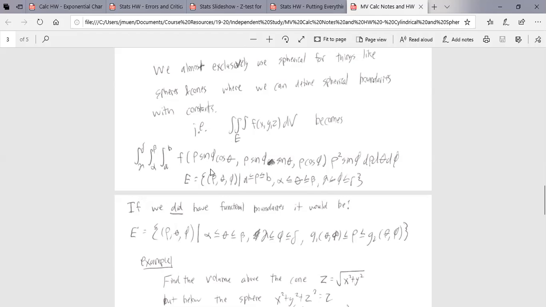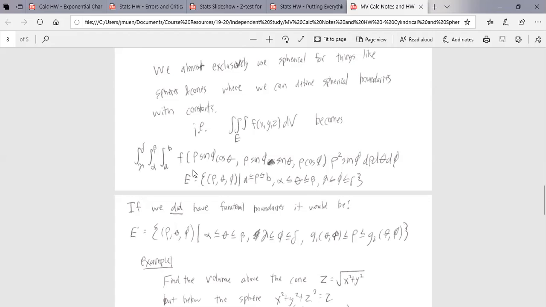If I'm trying to put phi between a starting angle and an ending angle, which angle has to travel less far from the positive z-axis? So it's doable, and the way that we're going to do these is by taking all of our x's, y's, and z's and converting them to spherical.